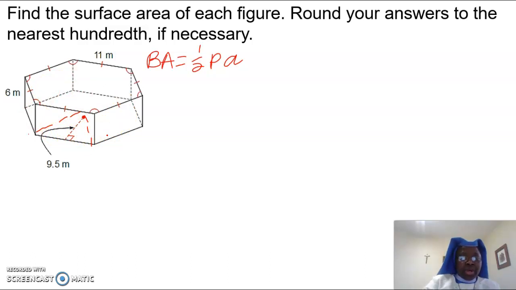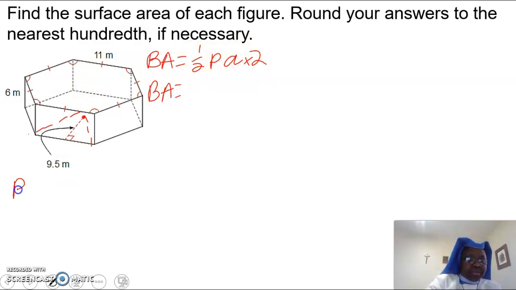We're also going to multiply this by 2 because there are two bases, the top and the bottom, so we find the area of both. The base area is going to be, first we need the perimeter. The perimeter is one side times how many sides there are.